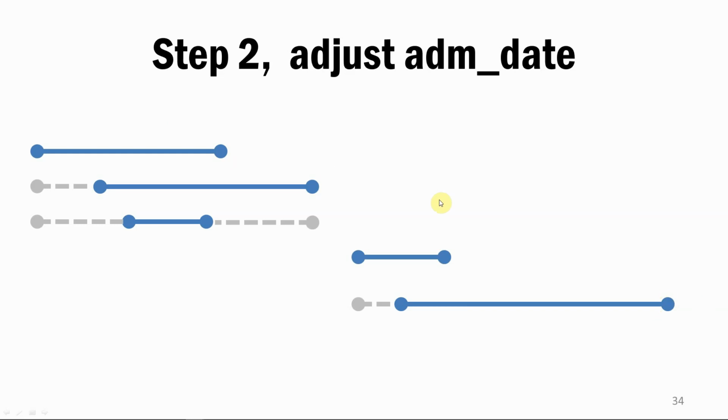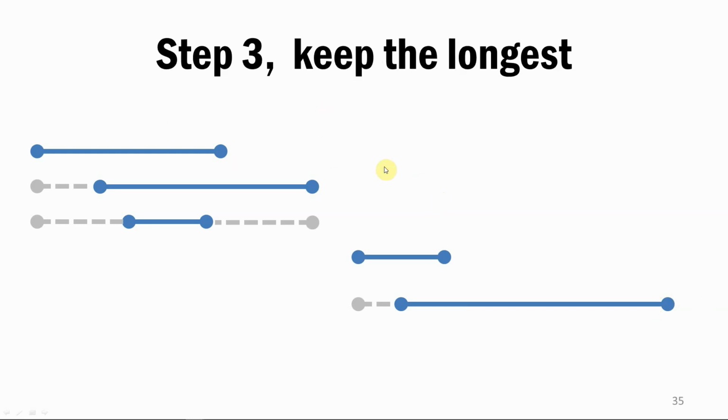So after this adjustment, the next thing we're going to do is keep the longest record, because among these three, this one is going to have the most complete hospitalization period.